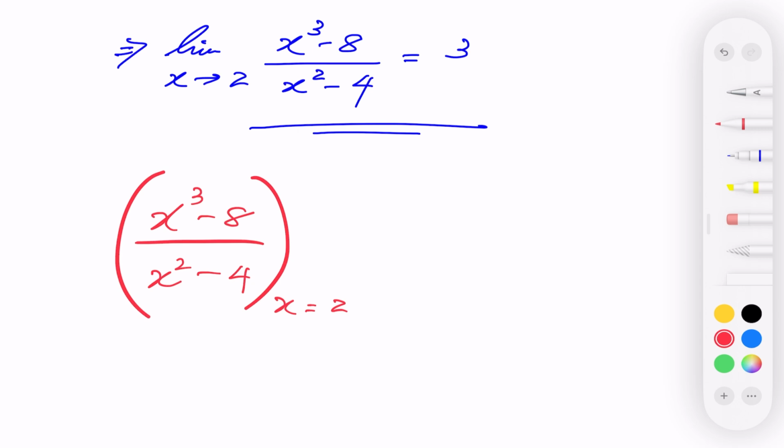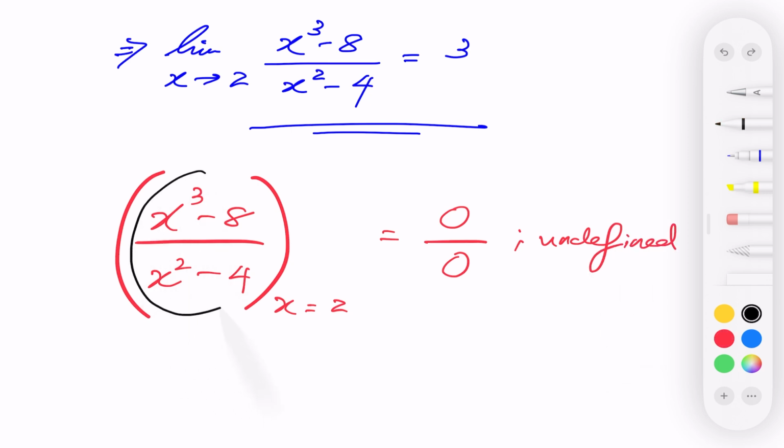Can we evaluate that value? Well, that value leads to a situation of 0 divided by 0, which is undefined. That means if I look at the graph of this function at x equals 2, there will be a hole, or in other words, there is a discontinuity at x equals 2.